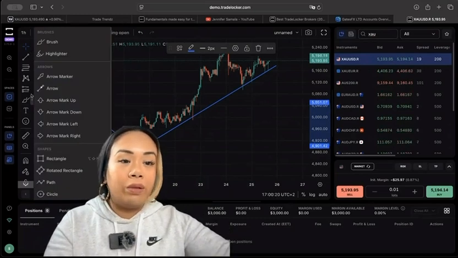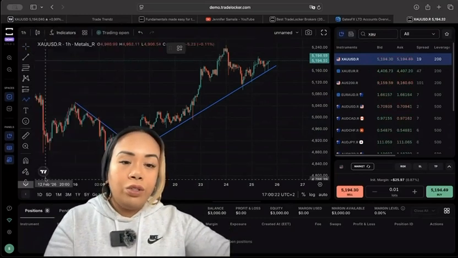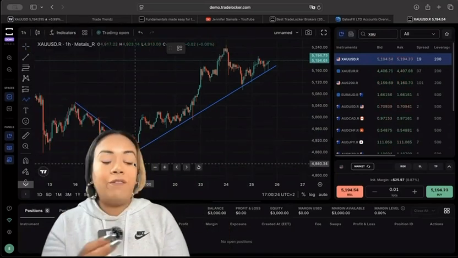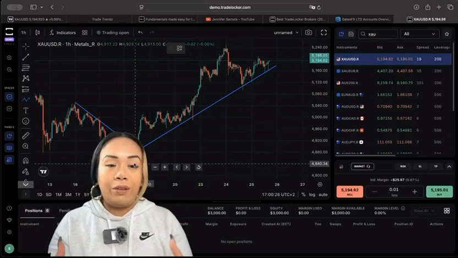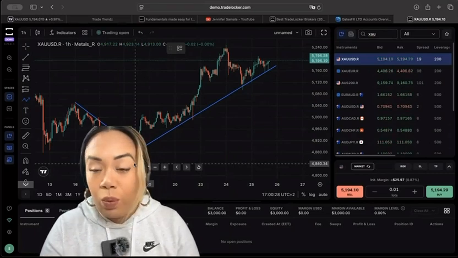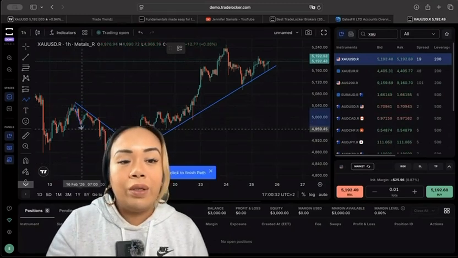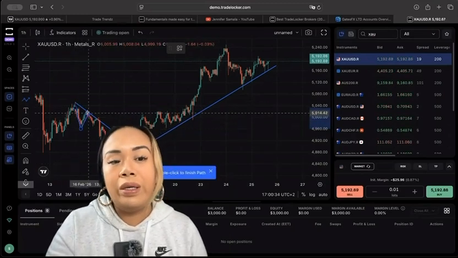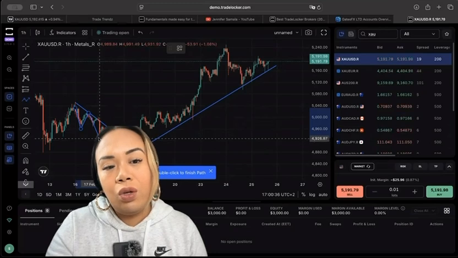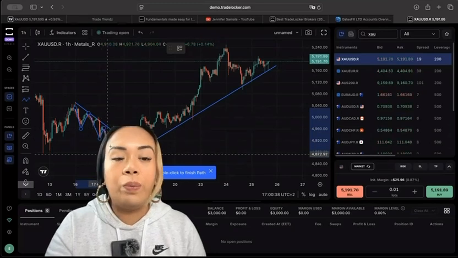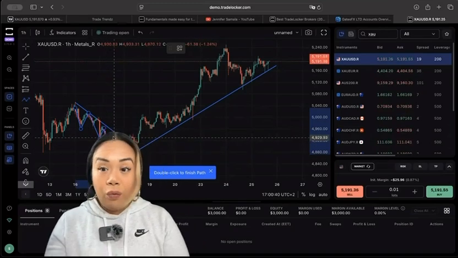Aside from identifying trend, you should be able to identify the highest points and the lowest points. Right here, we have a low point. We get a high point, a low point, a high point, a lower point, a high point, and so forth.